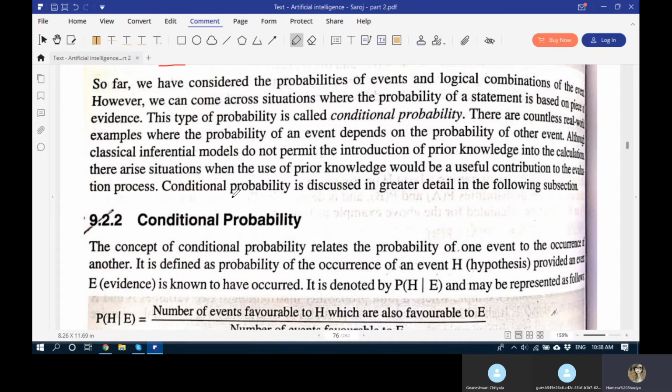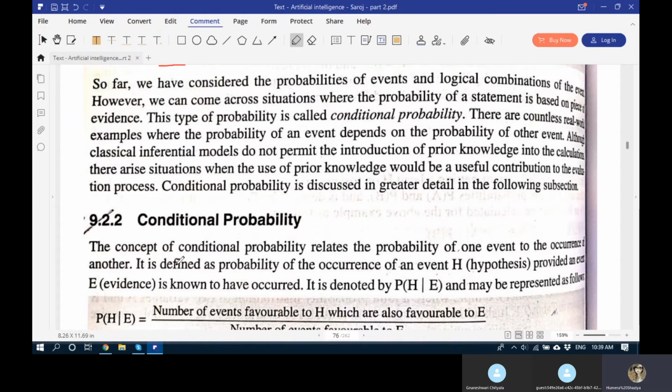If lockdown is lifted, then you can come to college. If this is the event occurrence sequence, then you know that coming to college is dependent on lockdown being lifted. If lockdown is not lifted, you cannot come to college. So this is conditional probability, where two events are related and the occurrence of one event causes the occurrence of another event.